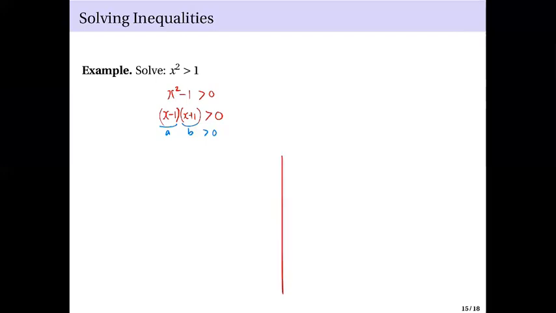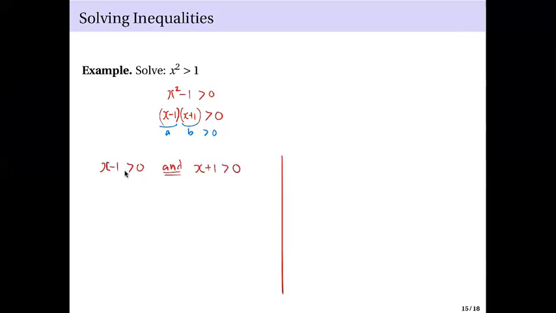The first part, let's say both A and B are positive. So we have x minus 1 greater than 0, and take note, we want these two inequalities satisfied, so and x plus 1 greater than 0.